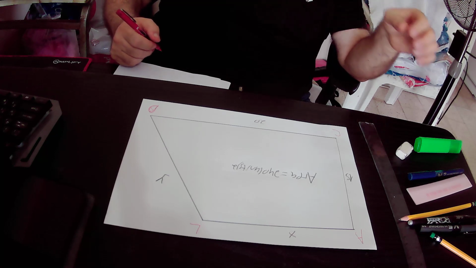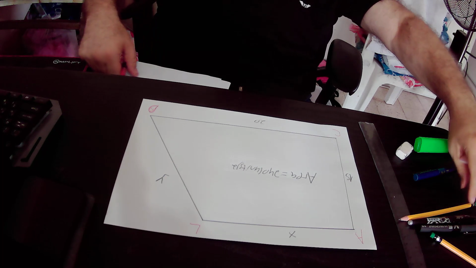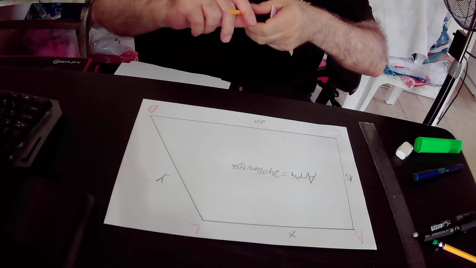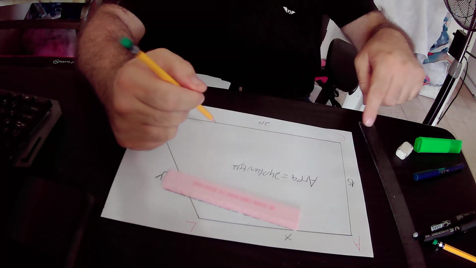In the next step, we will lengthen segment X to a size of 20 units, like the size of CD.